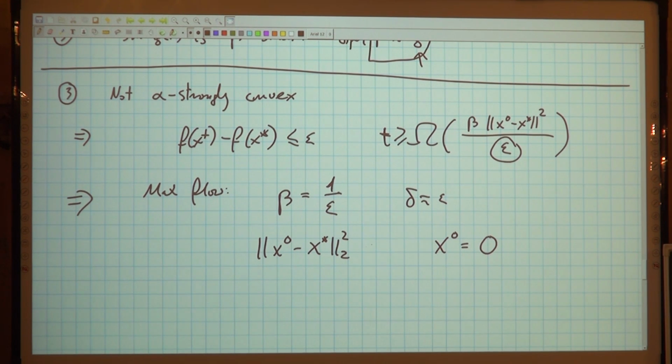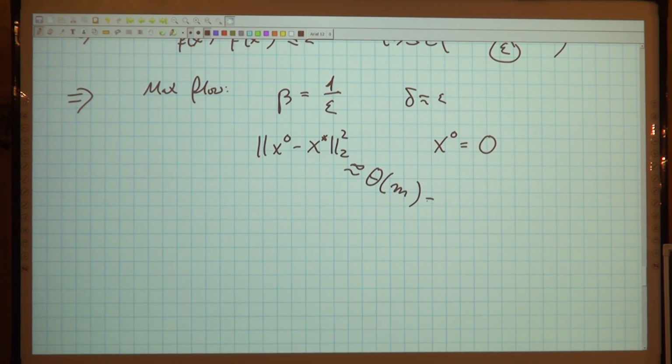So this might be as bad as m, because this is an L2 norm squared, so every edge will contribute 1 to it. So we get theta of m, which, since we are in sparse graphs, will be theta of n.